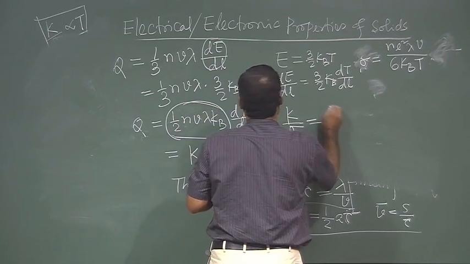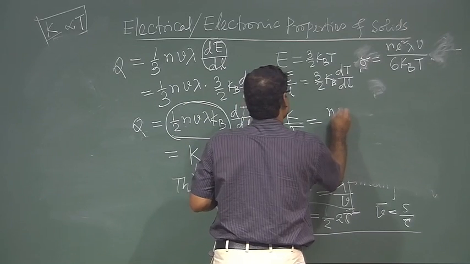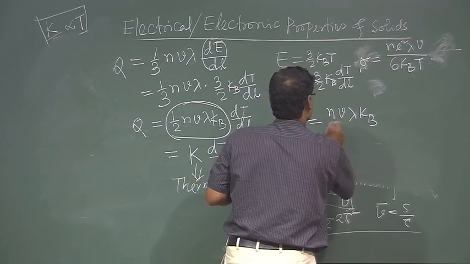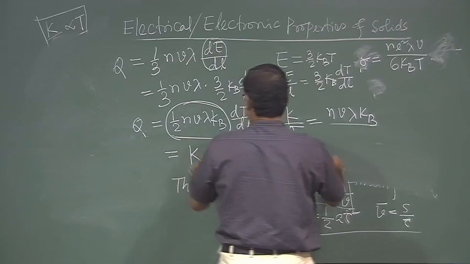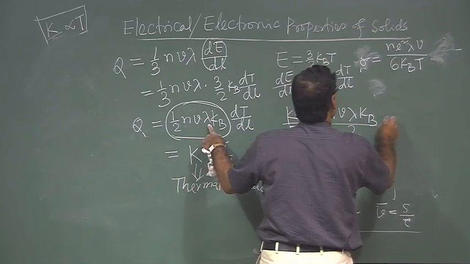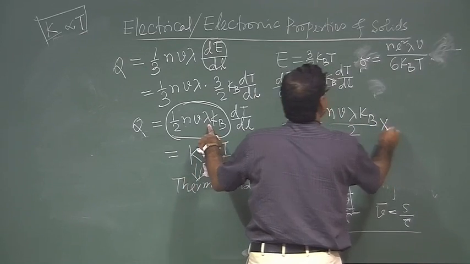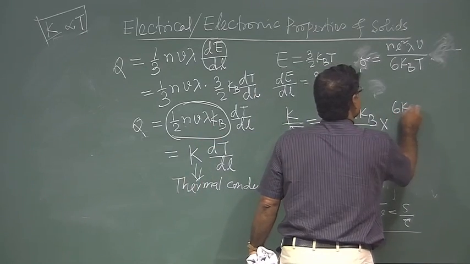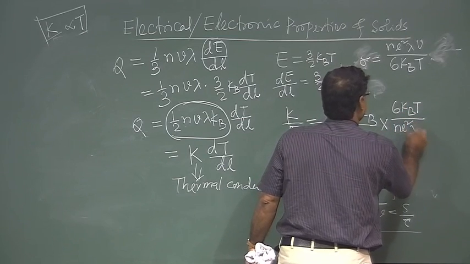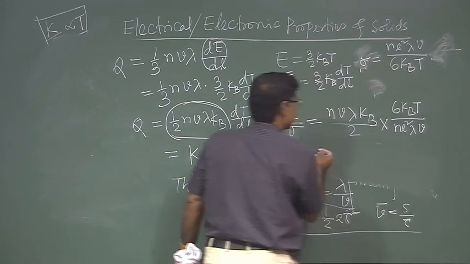So, this is n v lambda kB divided by 2, by sigma, which is n square e square lambda over 6 kB T by v, right.